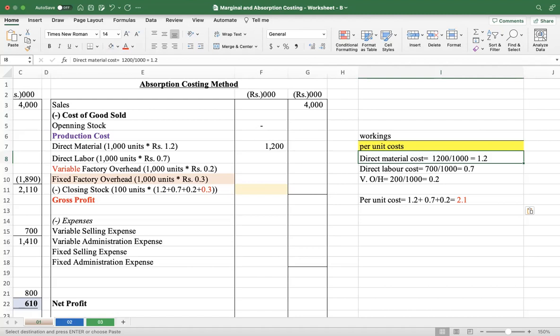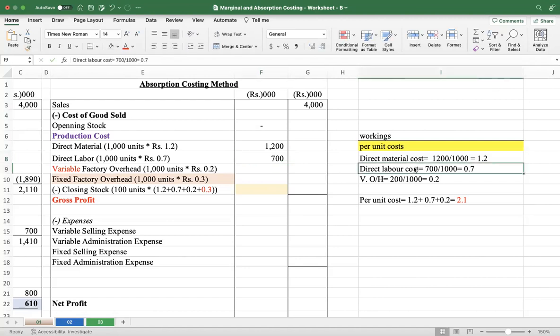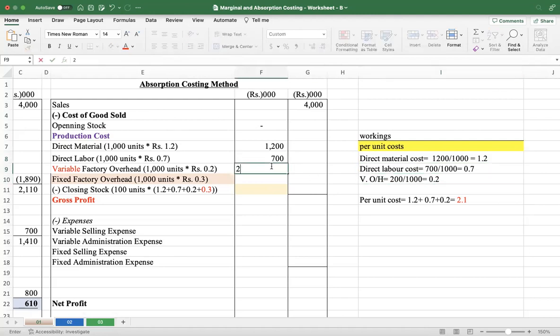Right? The next one, direct labor, is given in the question, 700, right? Then how do we find the per unit labor cost? The same way, 700 divided by the number of units produced, that will give you 0.7 per unit. Then you have variable factory overheads, which is 200. So to find the closing stock only, we are finding these values, okay?